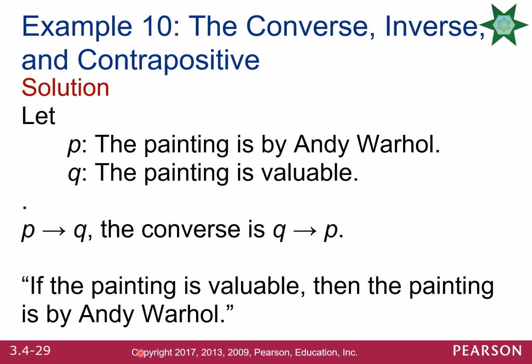So the way we would state it is, you have to state the Q first as part of the if condition. So if the painting is valuable, then the painting is by Andy Warhol.